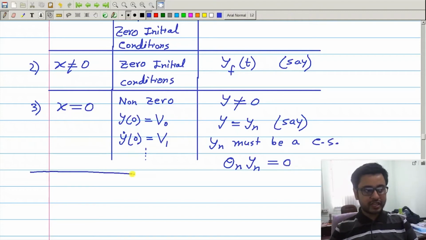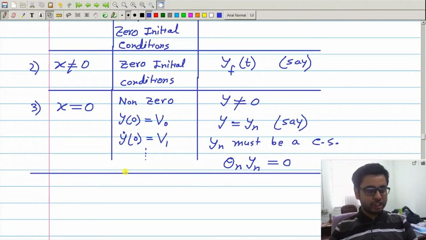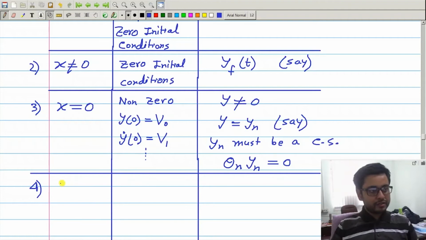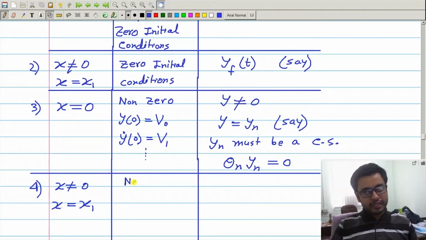Now let us consider a fourth situation when you take input to be non-zero. To be more specific, let me take input to be same as the input which we had in the second situation. Call this x1. So here also input is x1, and also initial conditions are non-zero. To be more specific, I will take them same as situation 3.